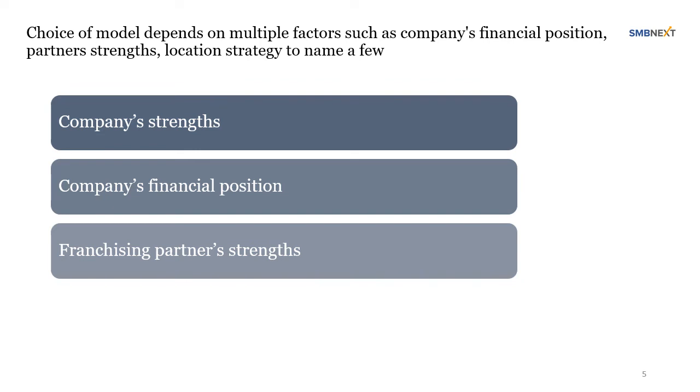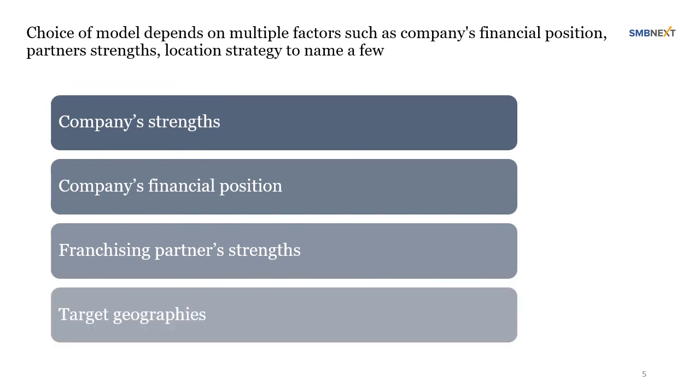They could have deep pockets, so they are business partners who are willing to invest in your model, so FICO can be a good option. Or they may have a good geographical reach. They may already be operating in tier 1 and tier 2 cities, so in that case FOFO may be a good option for you, because they will have an understanding of the local geography, and they'll give you the reach that you're looking for.